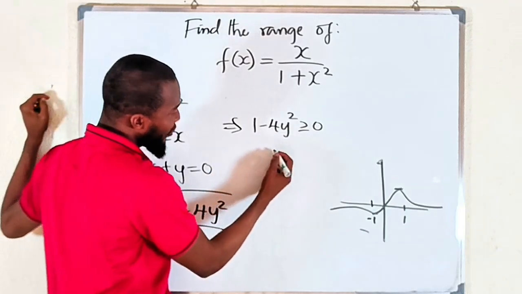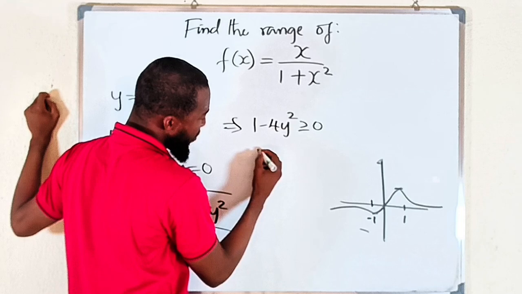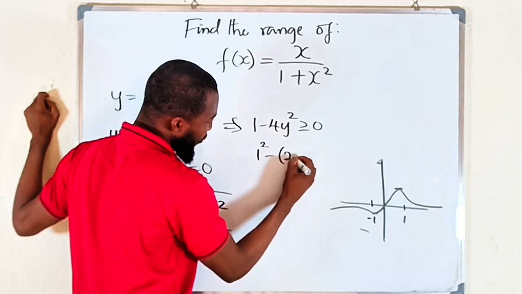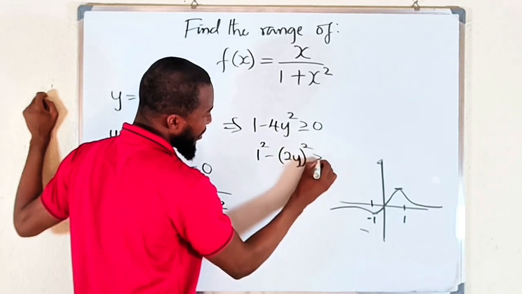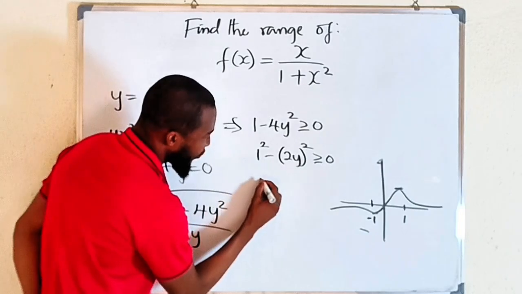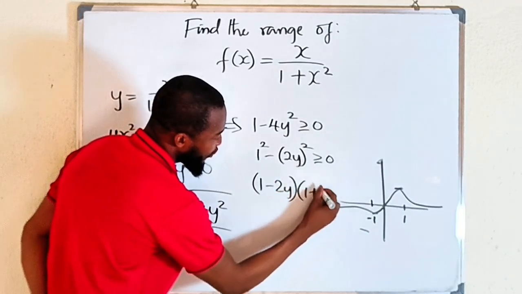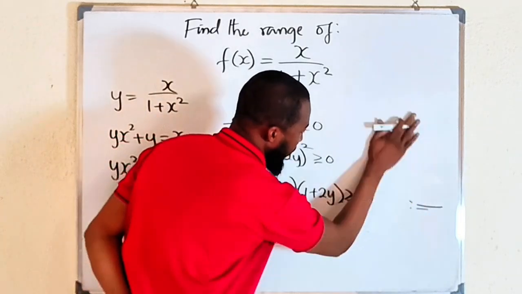This is a difference of two squares, which can be factorized: 1 squared minus 2y squared, greater than or equal to 0. This implies that 1 minus 2y times 1 plus 2y is greater than or equal to 0.